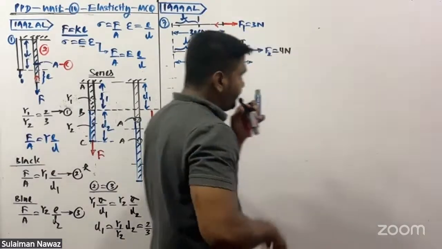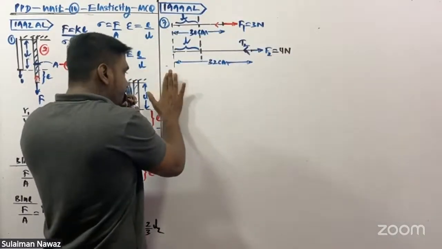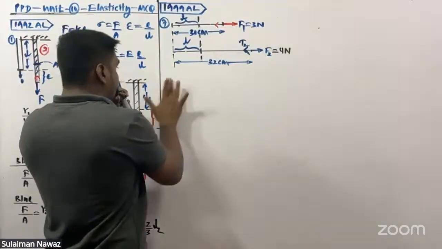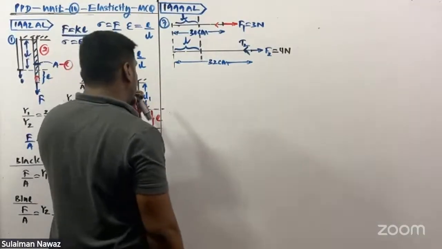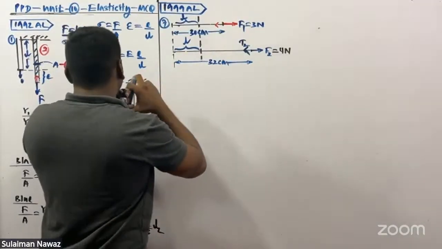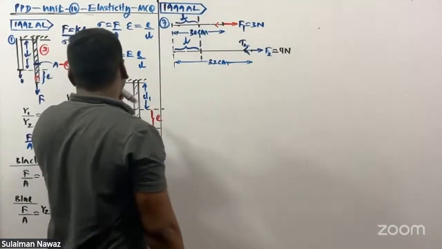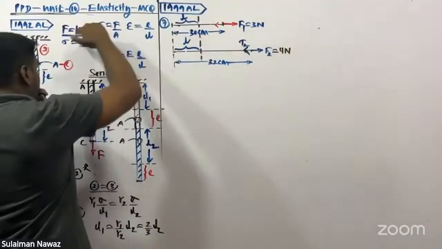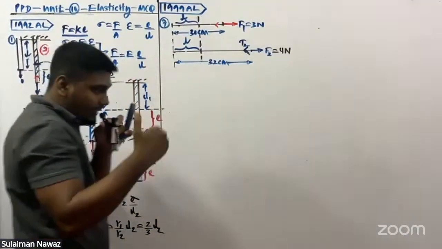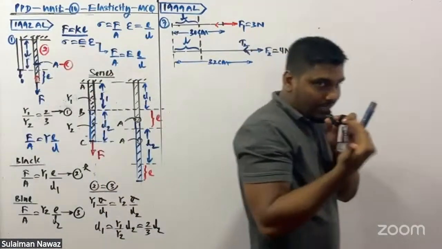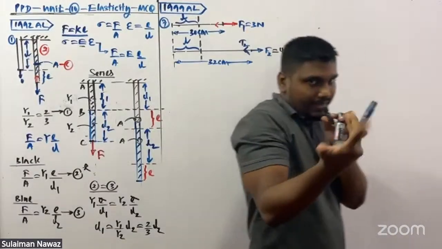Very simple. There are different ways to do this question. Based on the given data, we can remember F equals K x, find the K value, and thereafter easily do the remaining story.